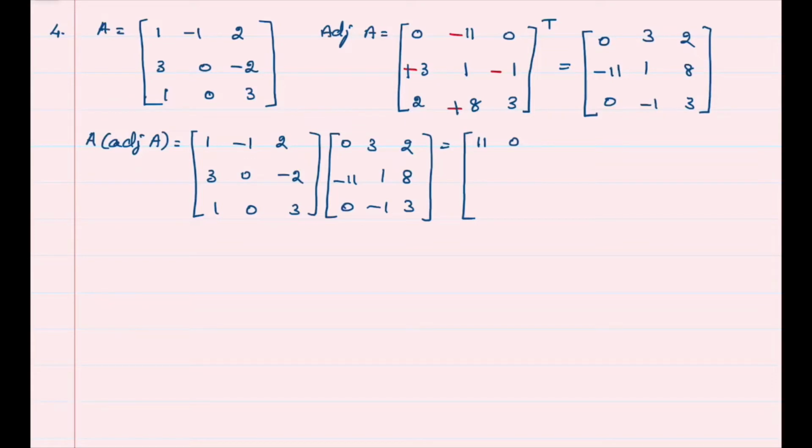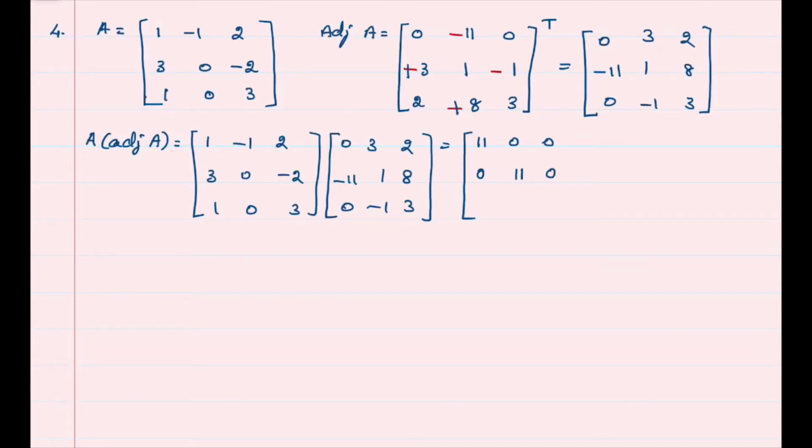And then first row into third column: 2 minus 8 plus 6, 0. Second row into first column: 0 plus 0 plus 0. Second row into second column: 9 plus 0 plus 2, 11. Second row into third column: 6 plus 0 minus 6, which is 0.